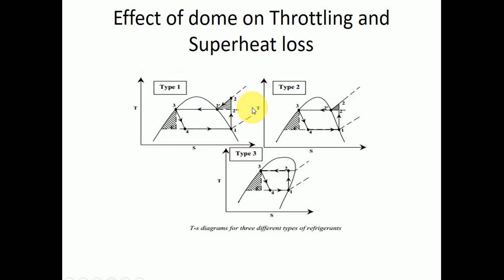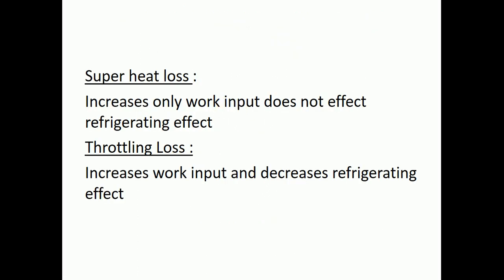In actual you can say that from 2 to 2 dash there is a heat loss from the superheated region, that's why it is called superheat loss. It means we are moving from superheat to saturated vapor state, and there is a loss of heat, or we can say more work has to be done on it.